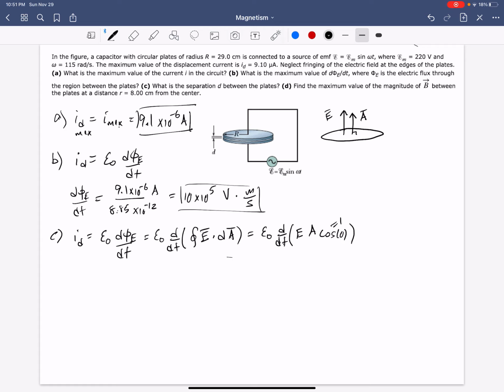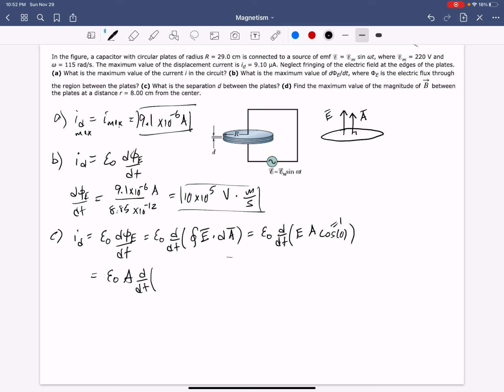So far, so good. Now we can start breaking down E and A a little further. Which is changing, E or A? The area of these plates remains constant, so we can pull that out of the differential, and now we just have dE/dt.